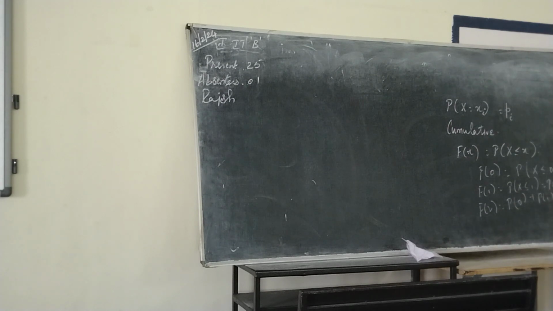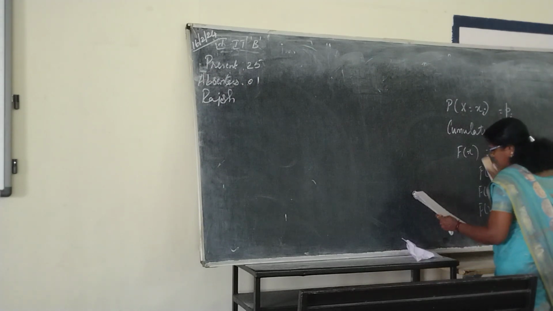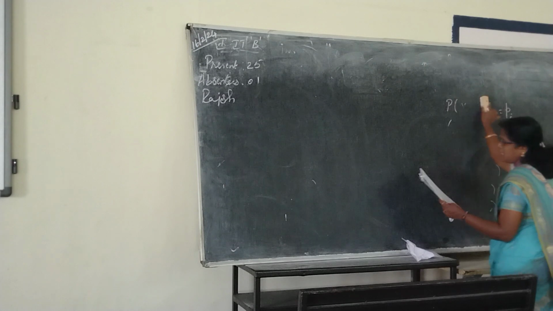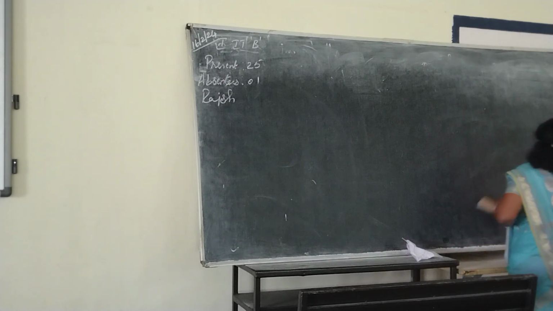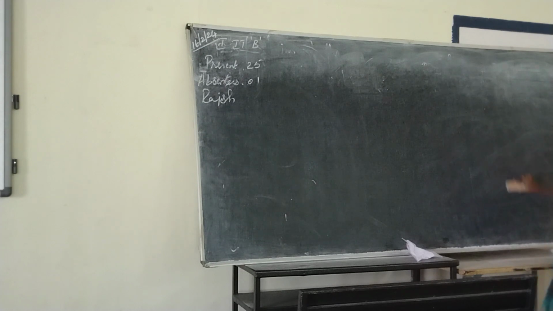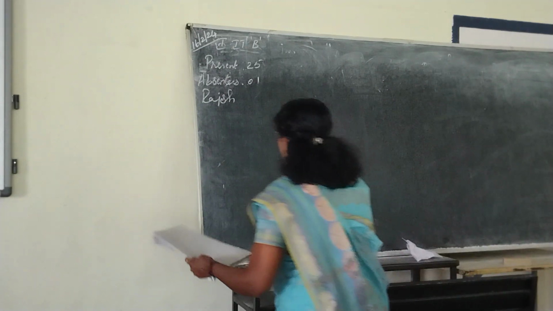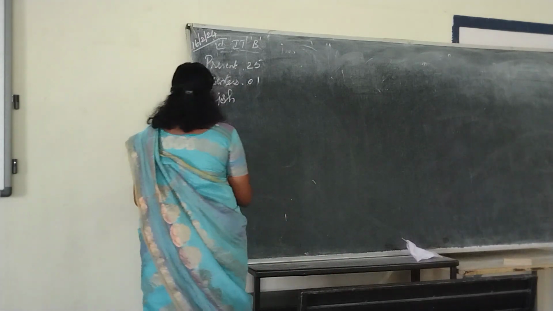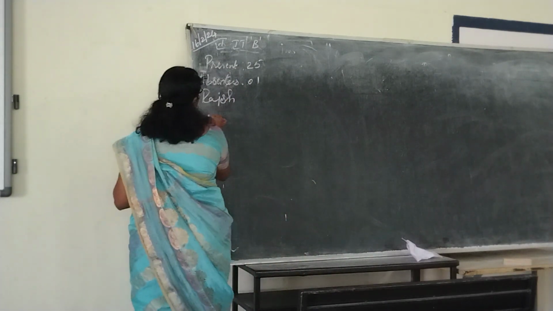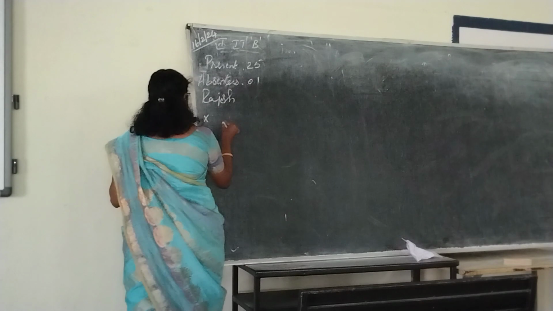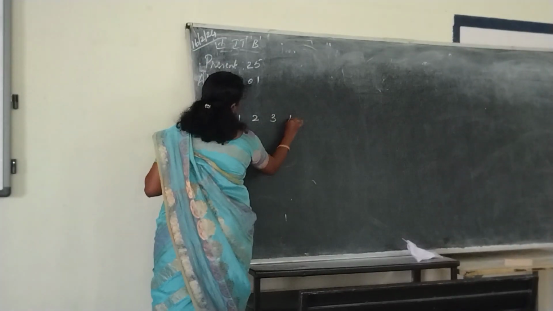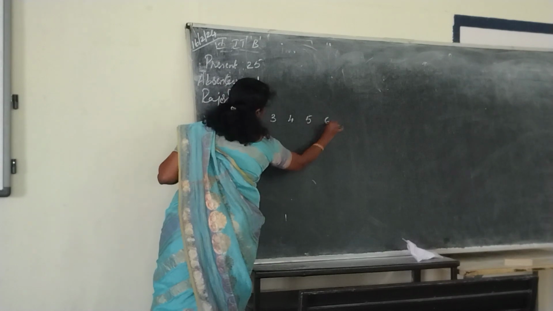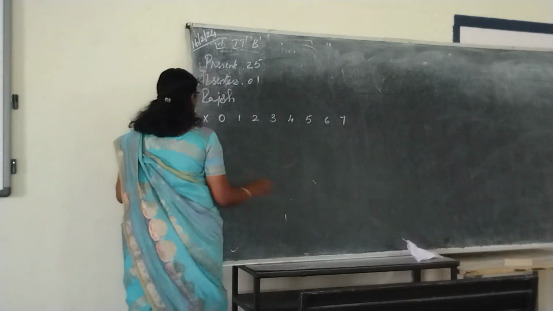Let x be a random variable having the following distribution function. X values 0, 1, 2, 3, 4, 5, 6, 7.